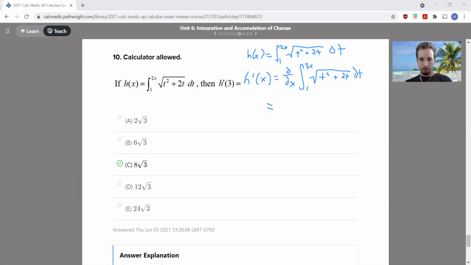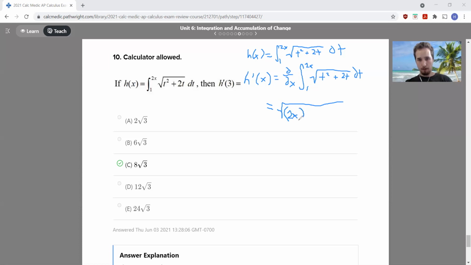So we just have to put in, because the derivative and the integral cancel out in a way, just by the fundamental theorem of calculus, we just have to put in 2x for every t value. Because we're just going the opposite way after we plugged in 2x already. So we get 2x, and you can just memorize the rule if you want.